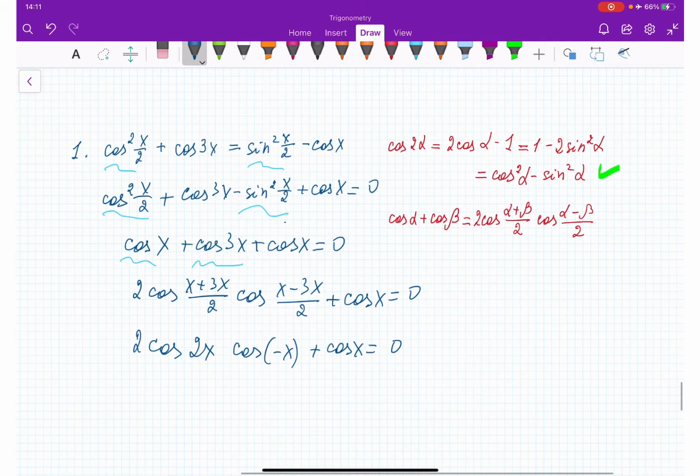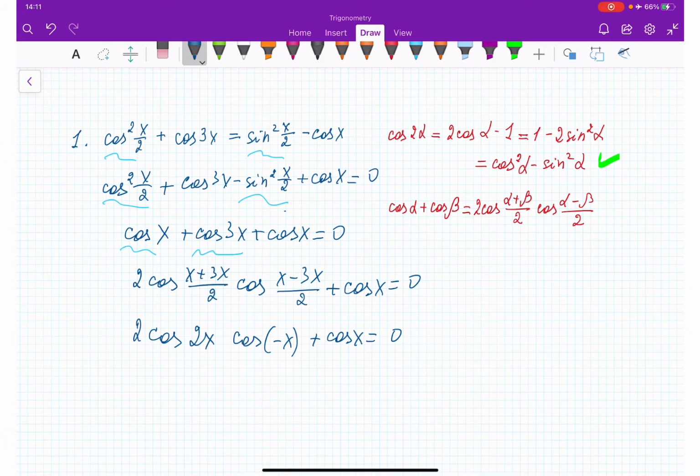I have to say, just to remind you, because in my previous videos in Precalculus I have explained it, that cosine x is an even function. Cosine x is an even function. What does that mean? That means that cosine negative x is equal to cosine positive x.